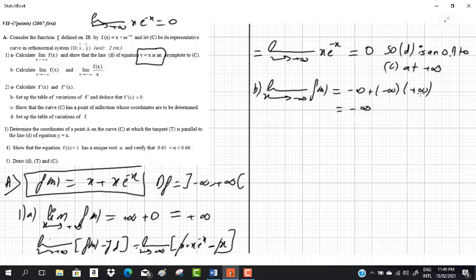So minus infinity times plus infinity is minus infinity, and the answer is minus infinity. You know that minus infinity times plus infinity is minus infinity. Adding minus infinity with plus infinity is an indeterminate form, but if you are multiplying these two, the answer is minus infinity.